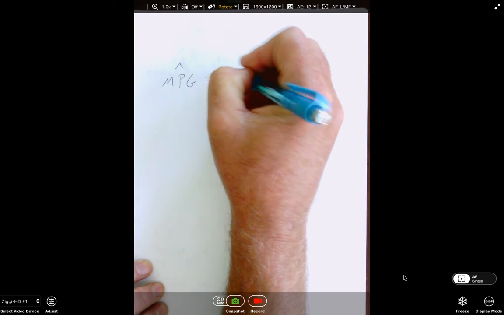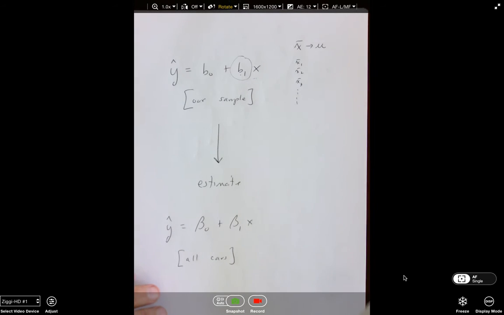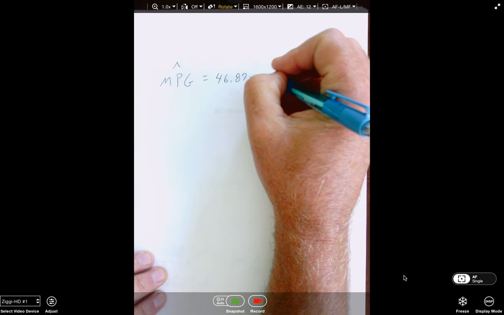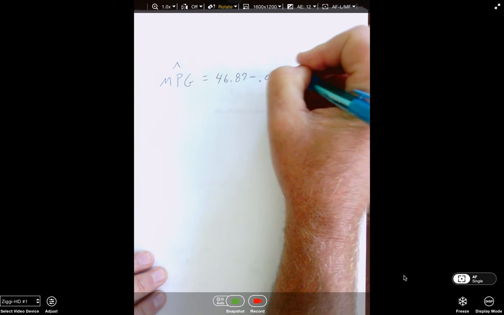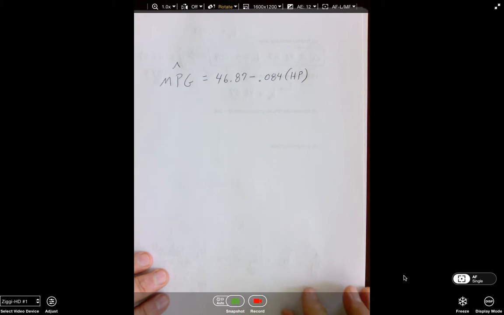We can predict that by taking 46.87 minus 0.084 times the horsepower.